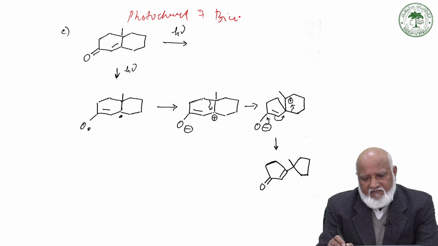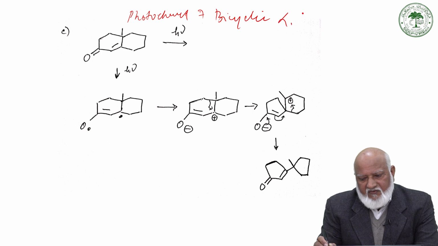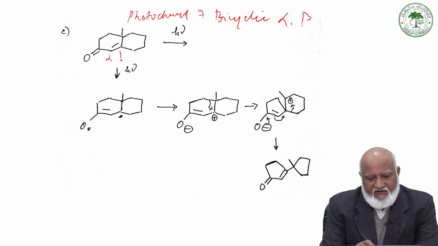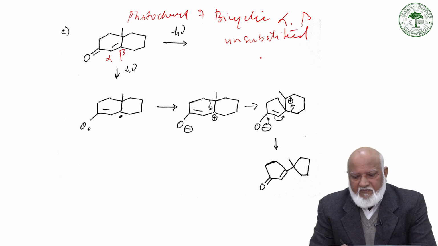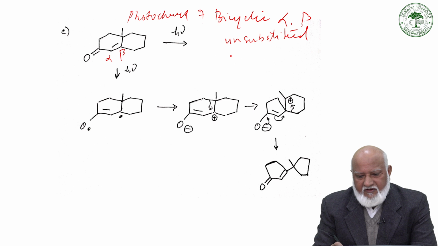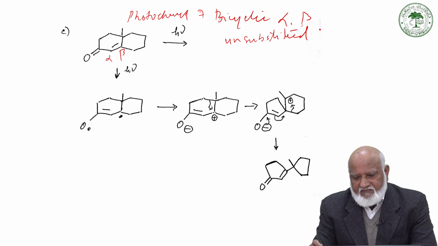This is alpha, this is beta. Alpha beta unsubstituted. Photochemistry of bicyclic alpha beta unsaturated carbonyl system.